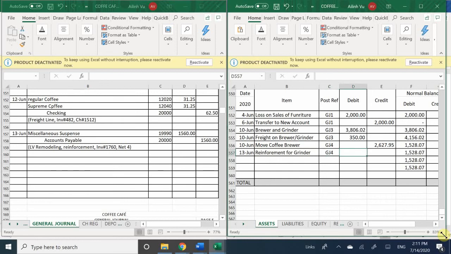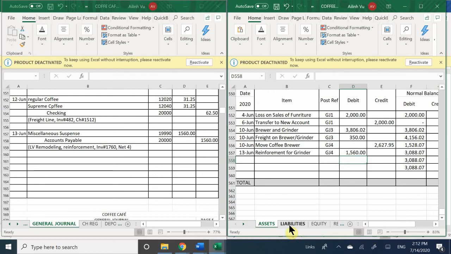And because we are increasing with the debit, it's going to be for 1560. So that means my new amount is going to be $3,088.07. Okay, so we just added that in there.